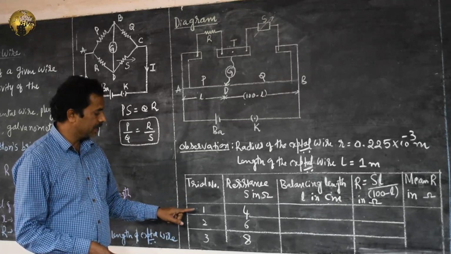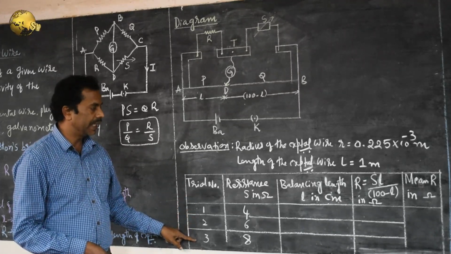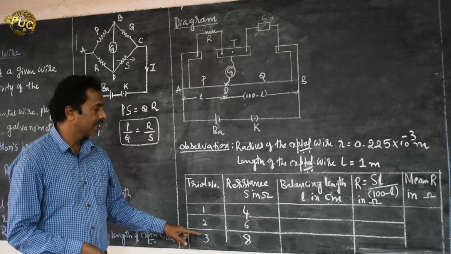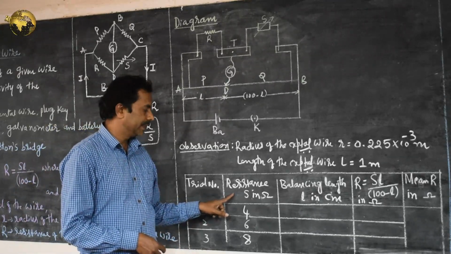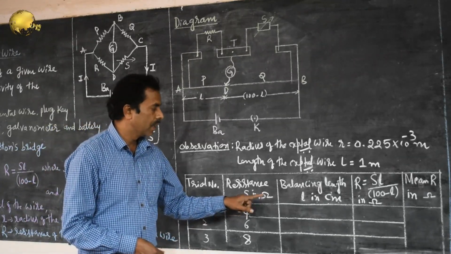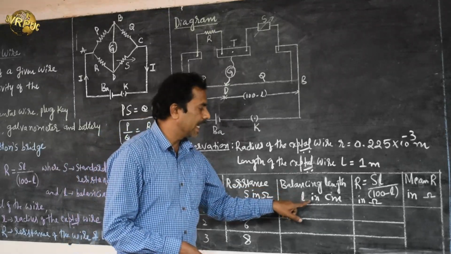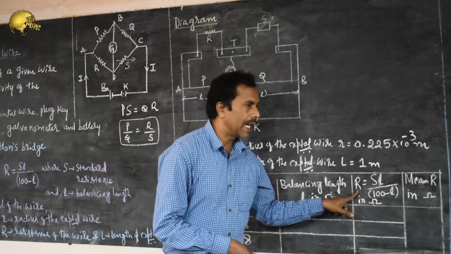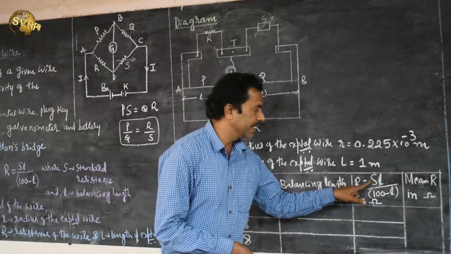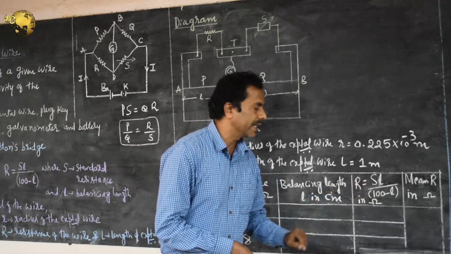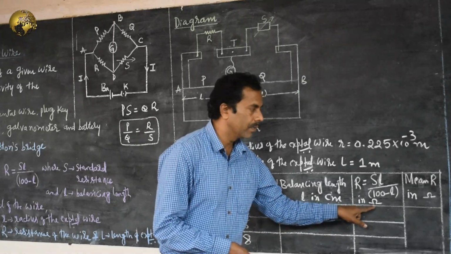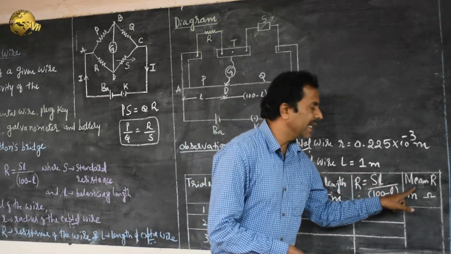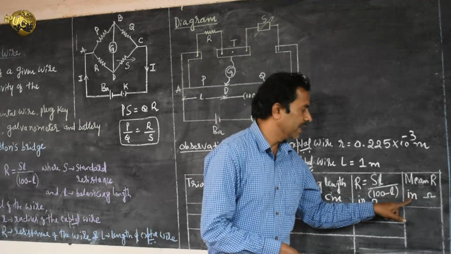There are 3 trials, 1, 2, 3 for this particular experiment, and resistance S in ohm and balancing length L in centimeter, and resistance to be calculated R equals S into L divided by 100 minus L in ohm, and the mean resistance in ohm.